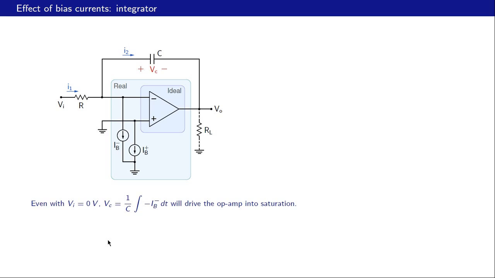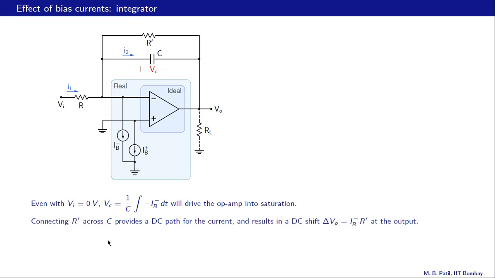What is the remedy for this situation? The same as what we saw for the offset voltage problem, and that is to connect a resistor R prime across the capacitor, and that provides a DC path, so the current would now flow like that, and the output voltage will now be V minus, which is 0, plus this voltage drop, which is IB minus times R prime.